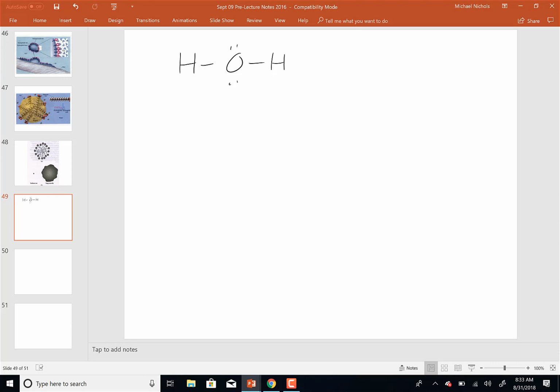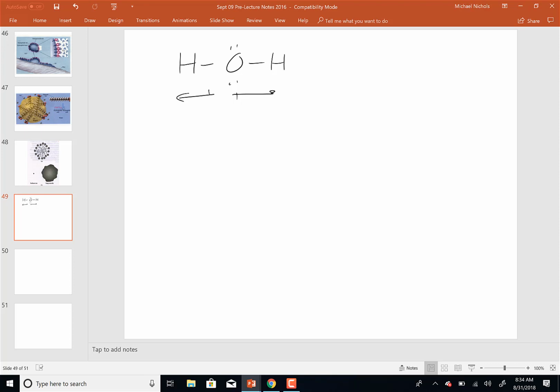I'll say no. Wait, these dipoles cancel. The lone pairs of electrons on the oxygen create repulsion. So the shape is actually bent instead of linear, and the bent shape makes the oxygen have a partial negative charge, and the hydrogen have a partial positive charge.